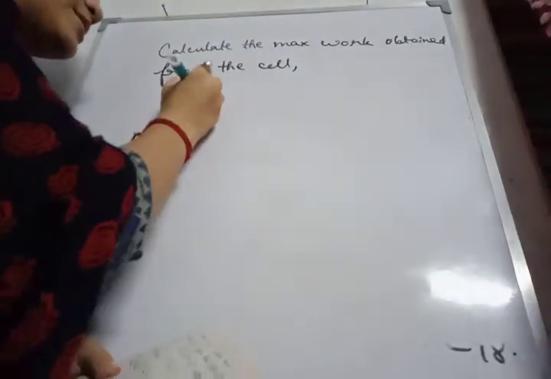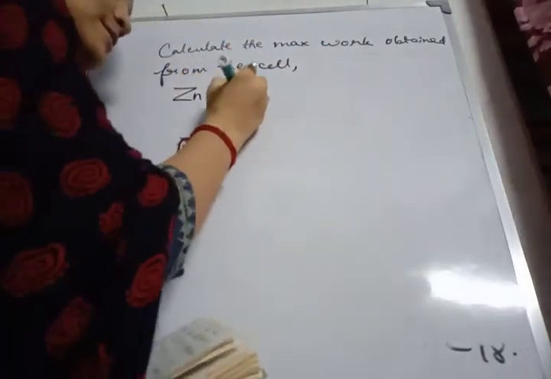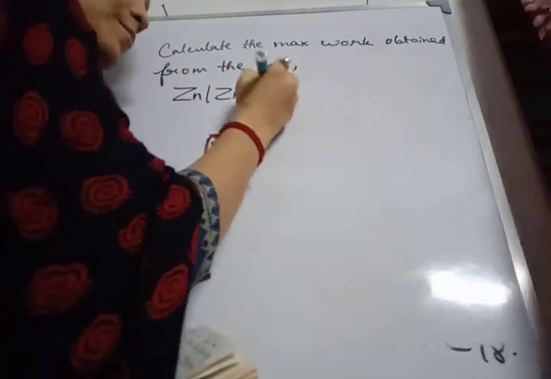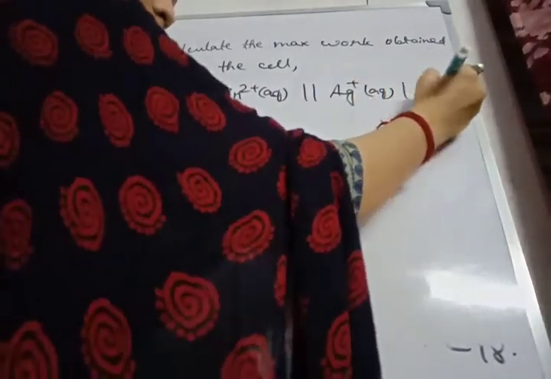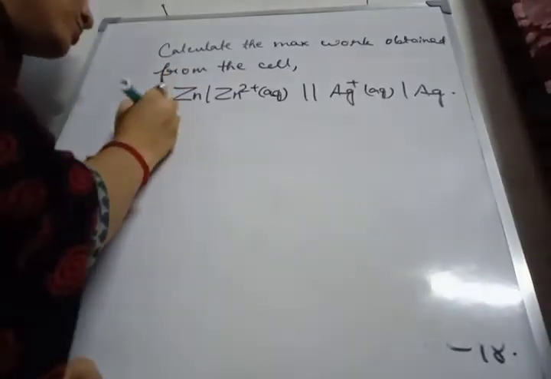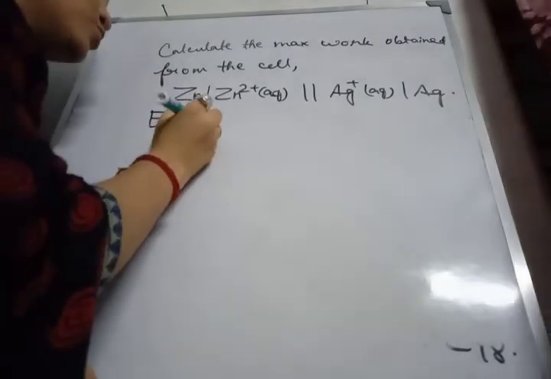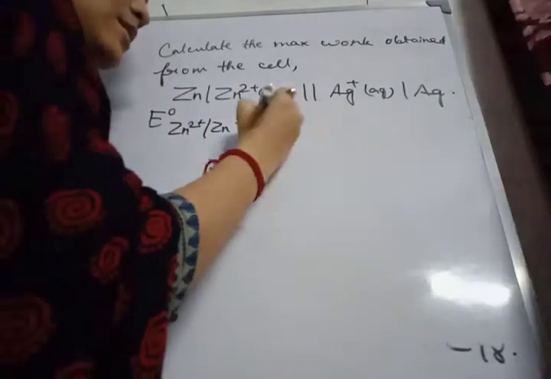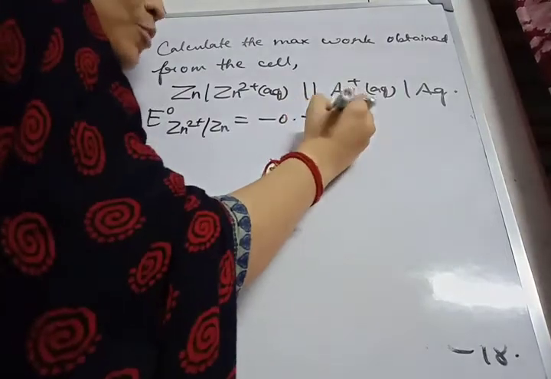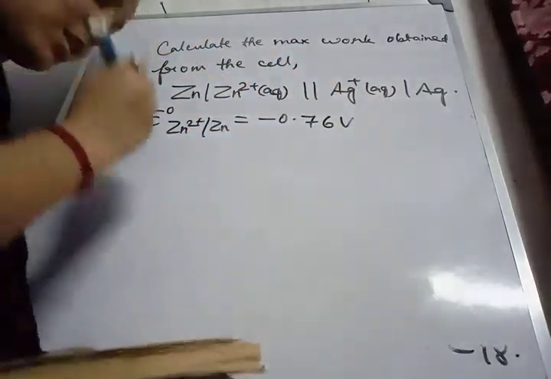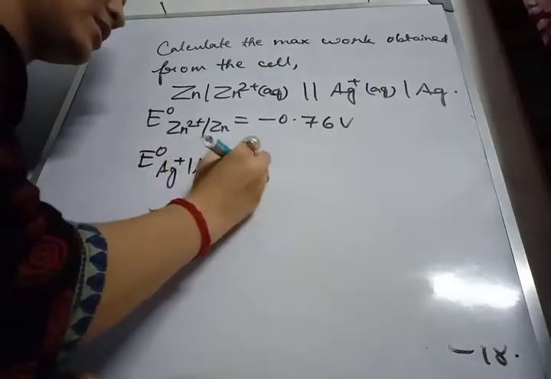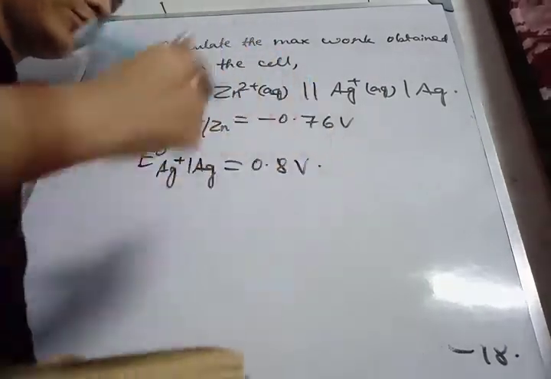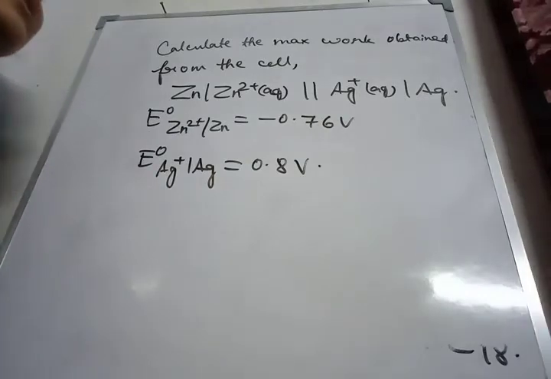Now the cell is represented as Zn | Zn2+(aq) || Ag+(aq) | Ag, where the double bar is my salt bridge. E0 of Zn2+/Zn is given as minus 0.76 volt. E0 of Ag+/Ag equals 0.8 volt. Right? So we have to calculate the maximum work.